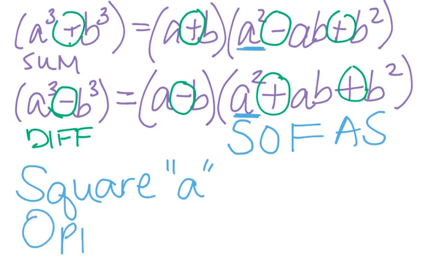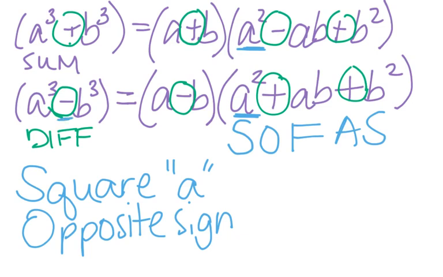O stands for opposite sign. So the opposite of what was originally given, so here we had a minus, here we had a minus. We switched to the opposite sign here with a plus. In the sum of cubes, we started with a plus. The first factor had a plus. The second factor has a minus.